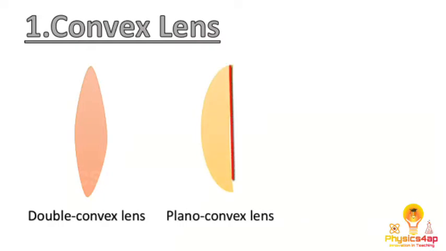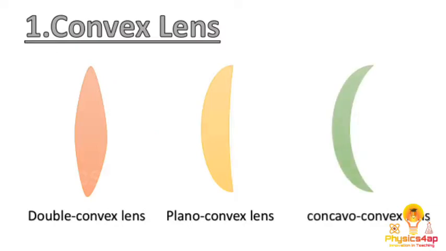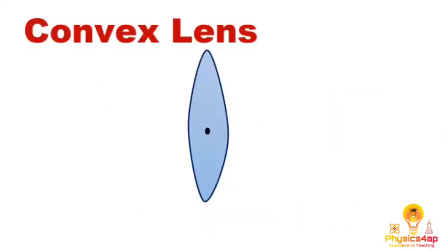Another is the plano-convex lens, with one plane surface and one curved. Another is the concavo-convex lens, where the middle is thick and the edges are thin.